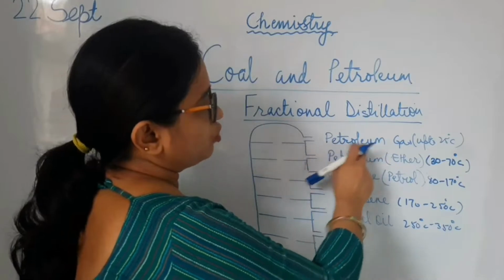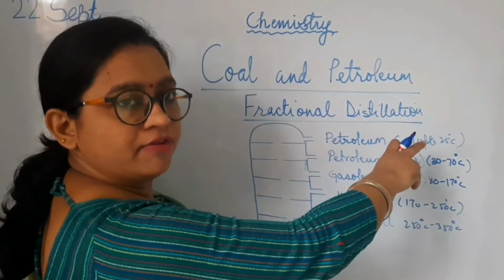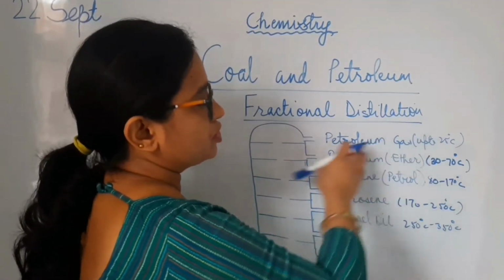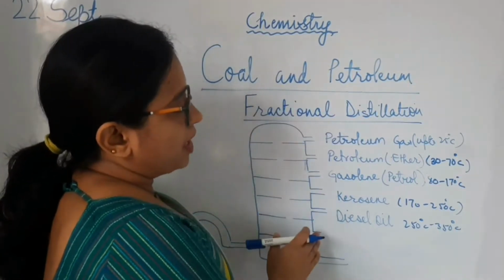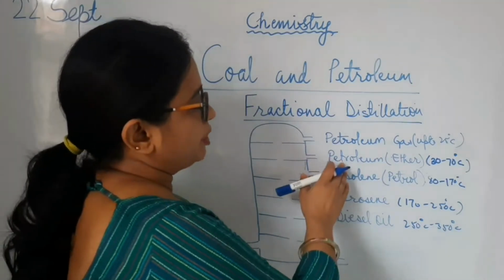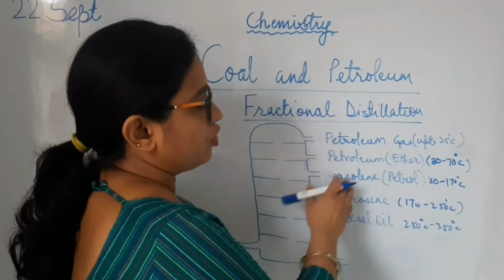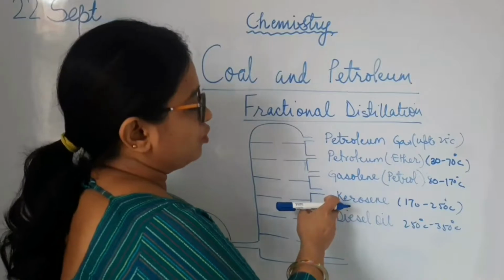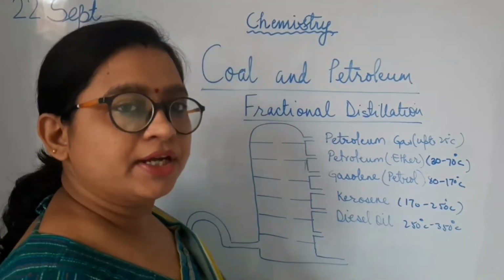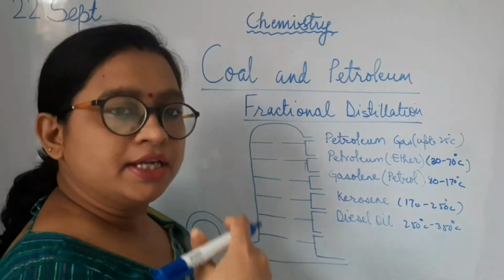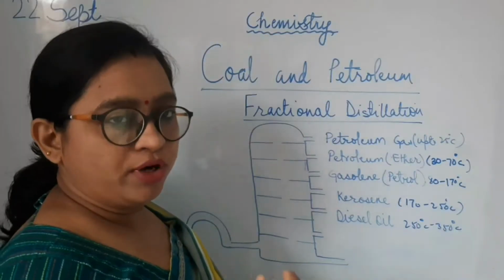For example, petroleum gas has a boiling point of less than 25 degrees Celsius, so it separates at the top of the fractionating column, followed by the other components like petroleum ether, gasoline or petrol, kerosene, diesel oil. There are many such products which get separated one by one as the heat increases, according to the boiling points.